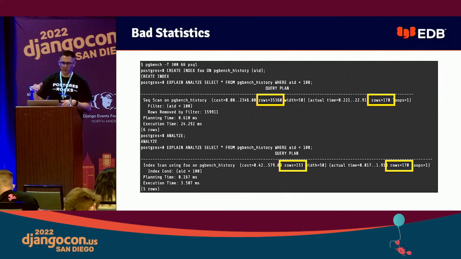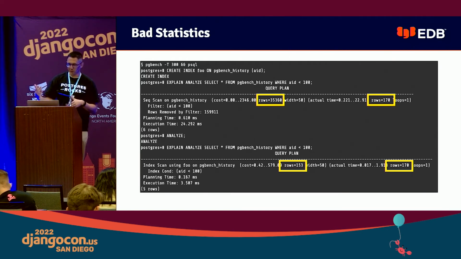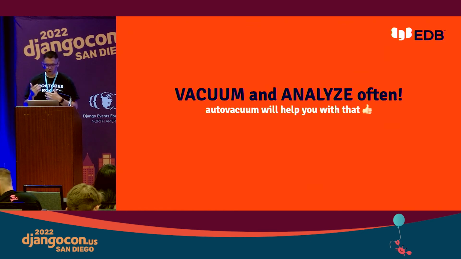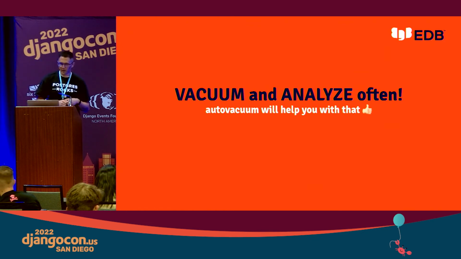After the analyze, you see that the rows were the same order of magnitude, so it's more correct, and now it uses an index. So the tip here is you want to make sure that your database is vacuumed and analyzed often. Make sure you tune autovacuum. Have your DBA do that if that's not your responsibility.